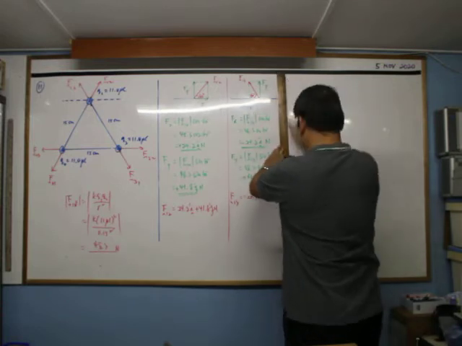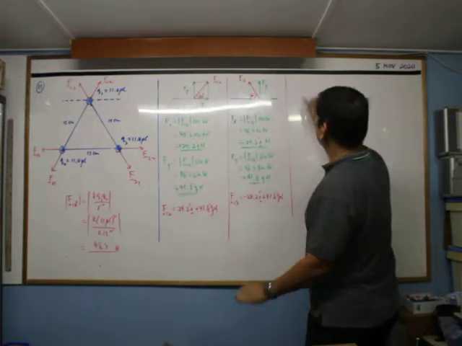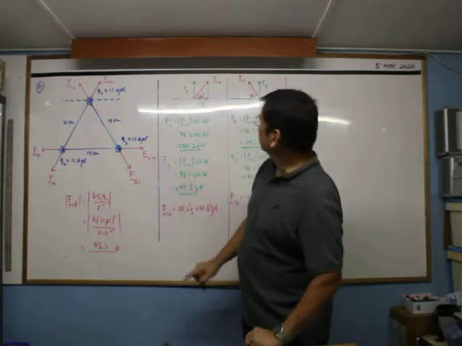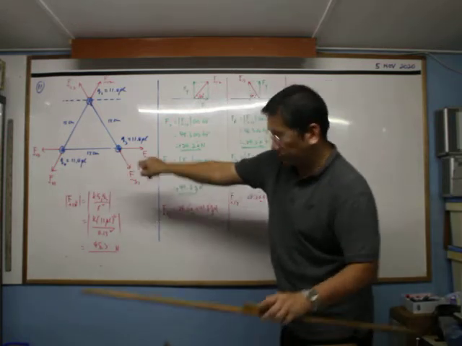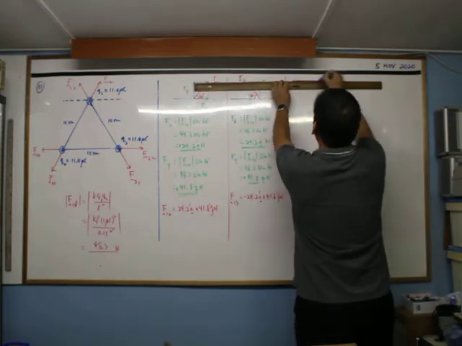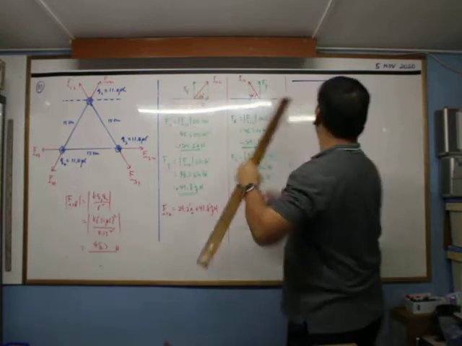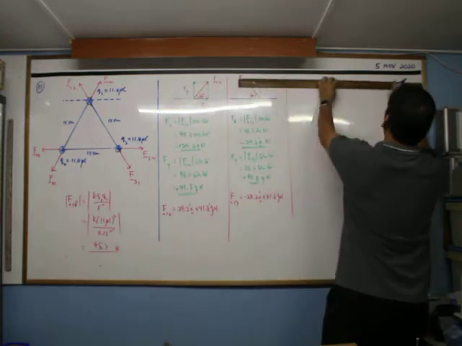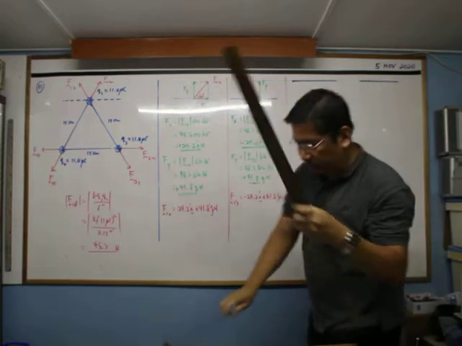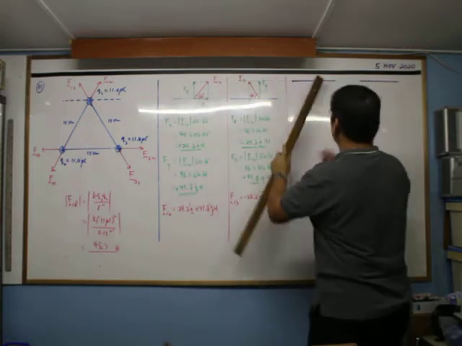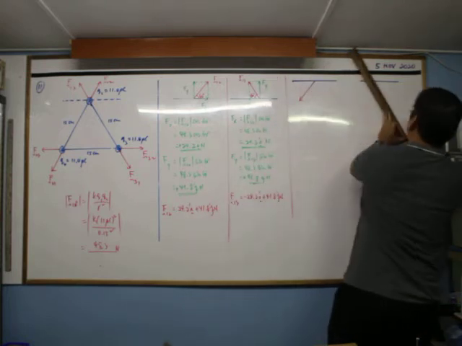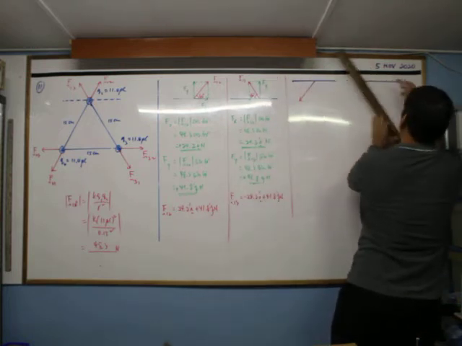Next one. Our next one will be F21. So F21 is below the horizontal line, and we do the same thing for our F31 also. So this is our 21, and this is our 31.